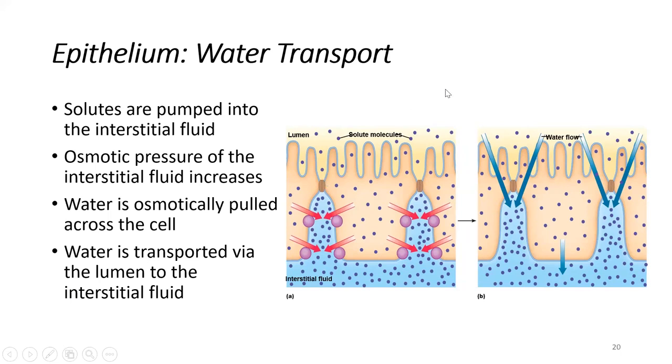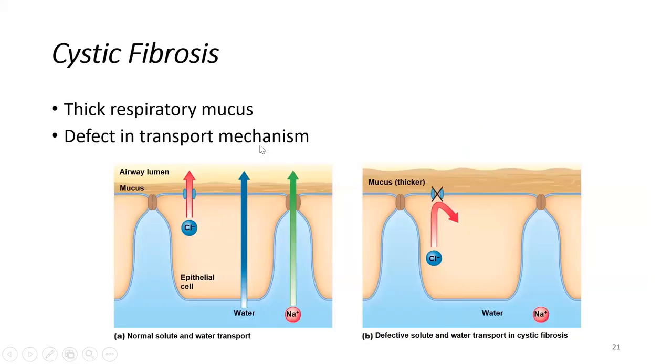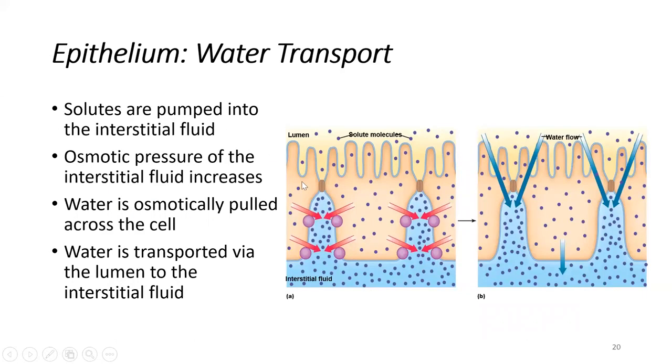So that is the way that we facilitate the movement of water across epithelial surfaces: we pretty much create an osmotic pressure where we pump a bunch of solutes actively from the inside of the cell to the outside of the cell. And then we create this really salty, or high solute concentration, environment here.